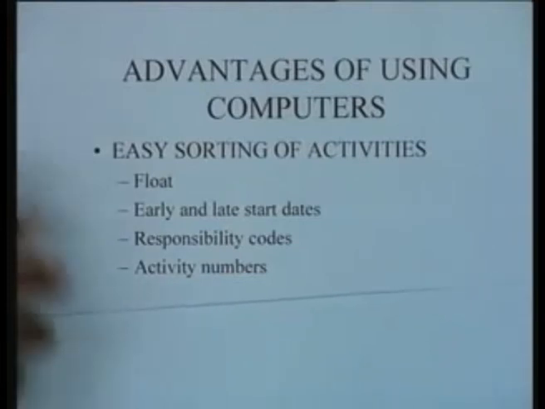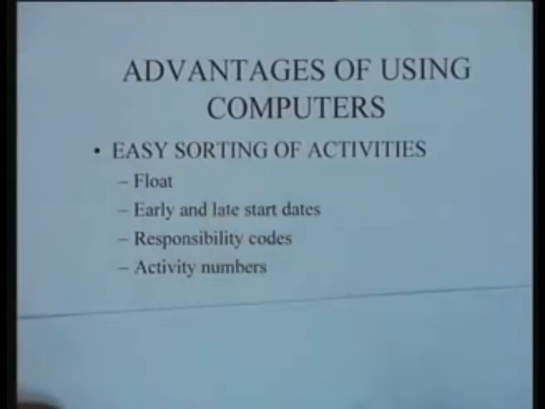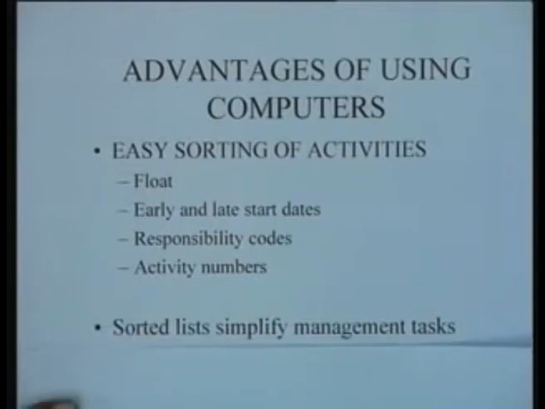Now this sorting of activities by whatever means you want, why it is useful is that these sorted lists tend to simplify management tasks considerably, and it is because of this simplification that computers have found tremendous use in trying to plan and implement projects, because all these routine management tasks can be handled very effectively when one is trying to use a computer.